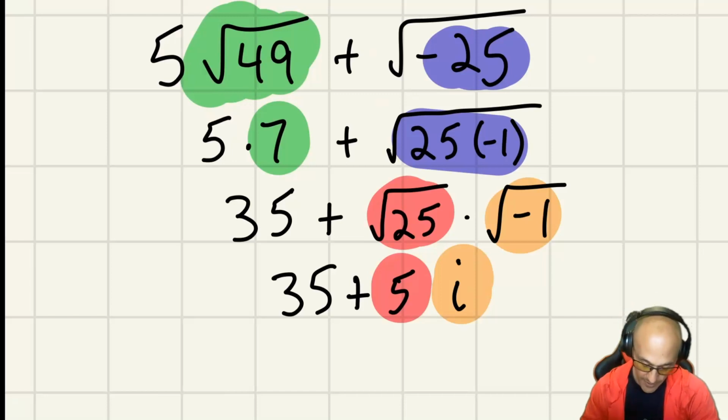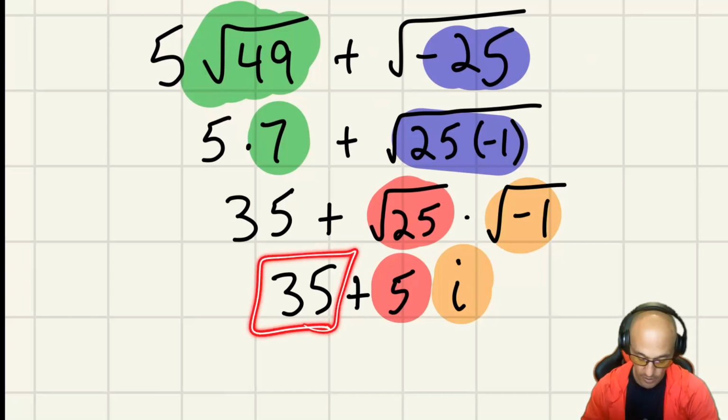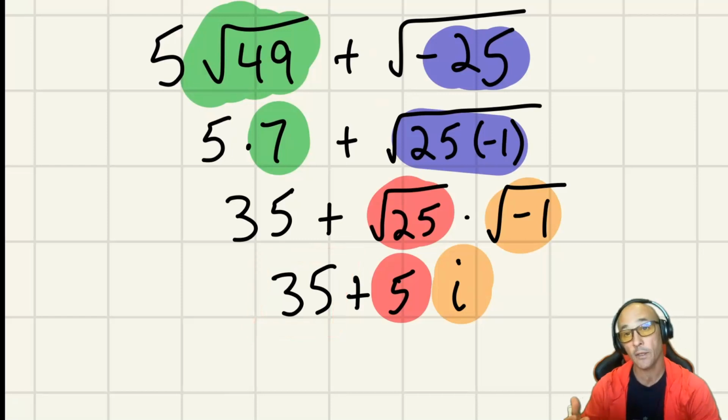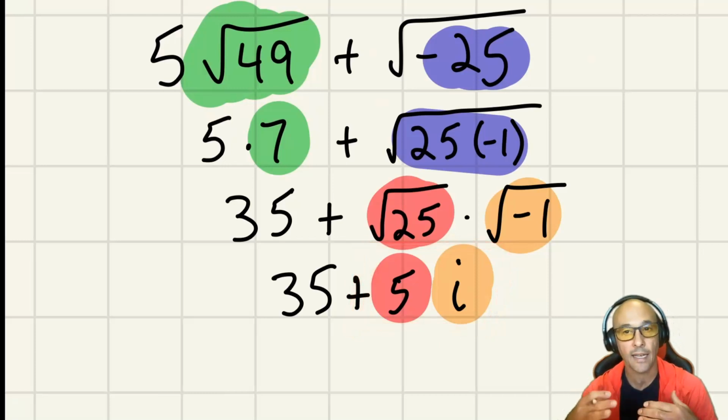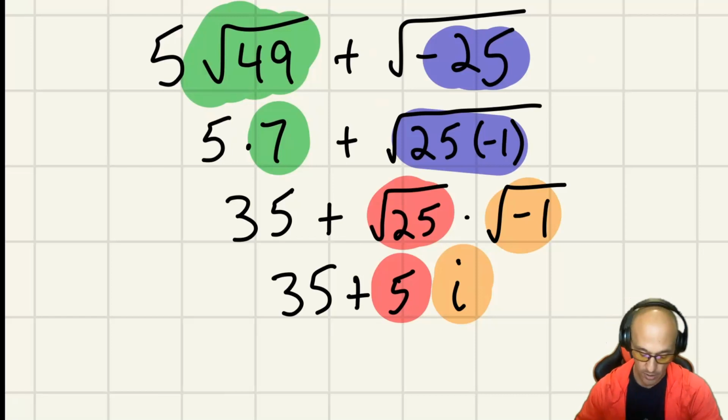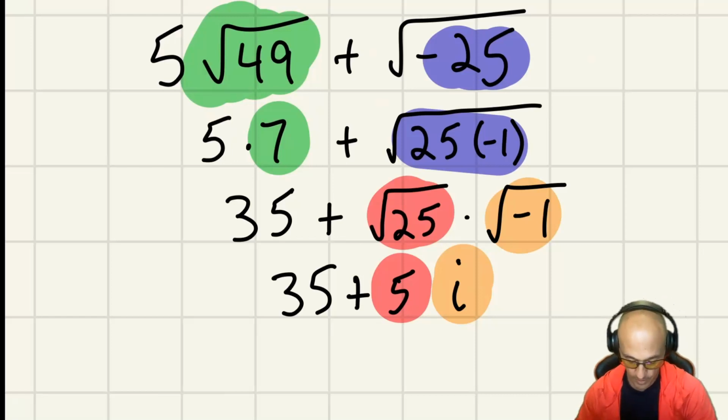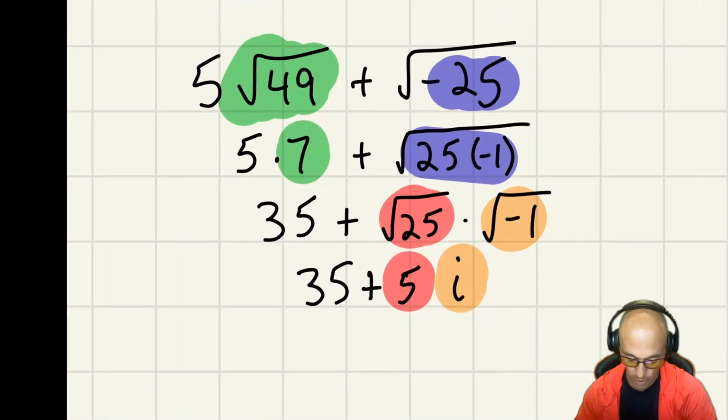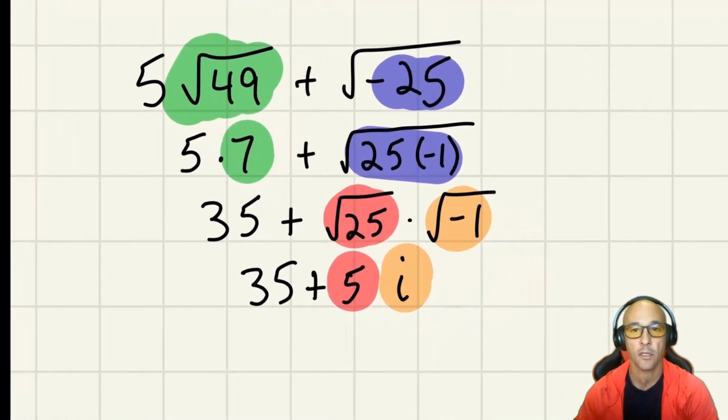Now, here is the real part. It's a real number. And here is the imaginary part. It's got that i in it, the square root of -1. So that's the imaginary part of the complex number. So that's our first problem right there. Any questions going over that one?